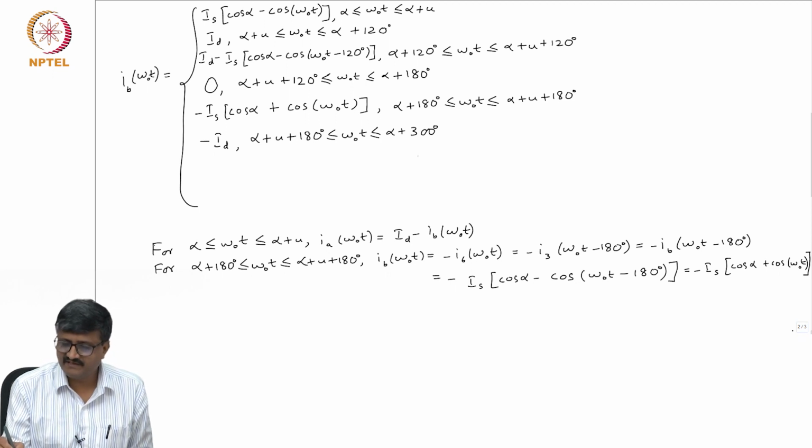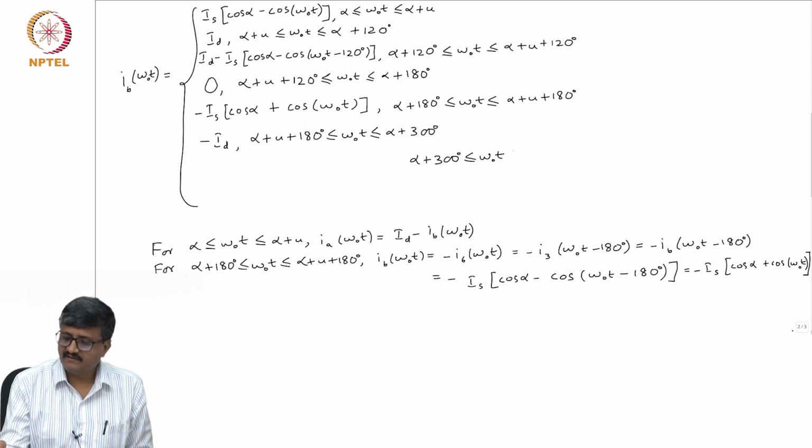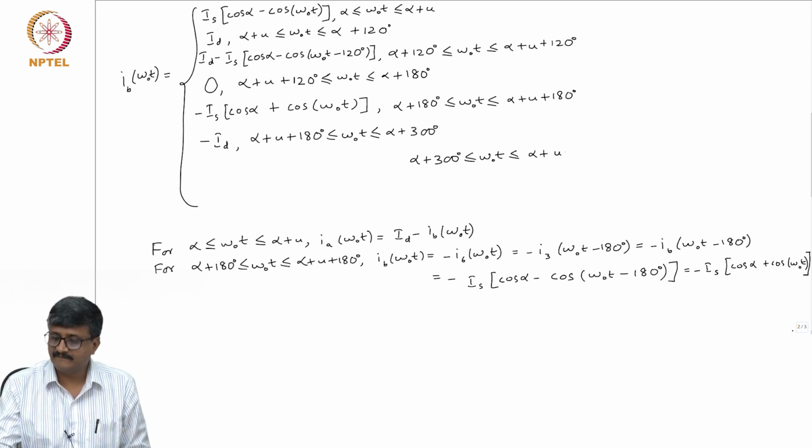The next subinterval is alpha plus 300 less than or equal to omega OT less than or equal to alpha plus u plus 300.